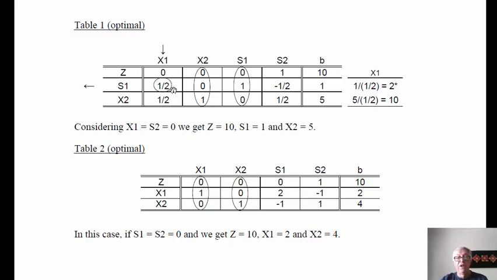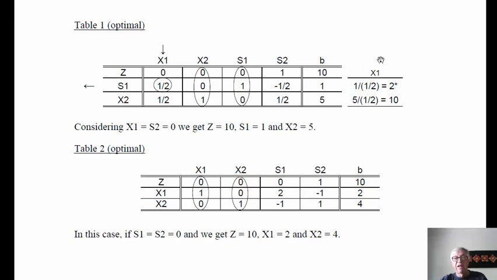If we analyze this table, we start first by classifying the variables. So S1 and X2 are basic ones, and X1 and S2 are non-basic. So we list here S1 and X2. So we conclude that this table is optimal because there are no negative coefficients here. Okay.